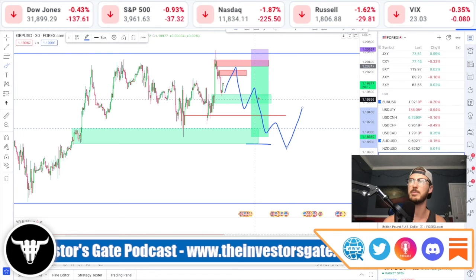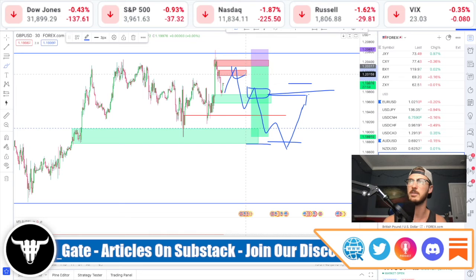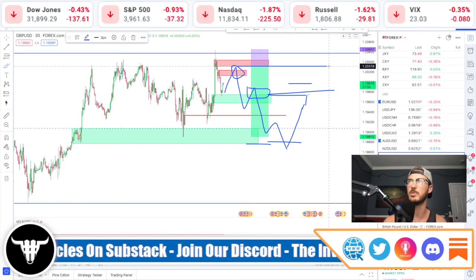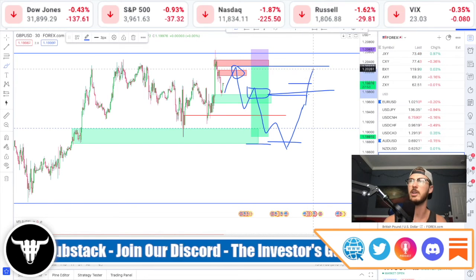Price breaks this low, comes back up into this level, and then I would short here, invalidation right there. But again, it all depends on how price develops, because it could be that this is the new supply. It comes all the way back here, doesn't quite make a new high, but bounces, gets in that supply, and then continues lower. So really, just wait and see how price action develops.